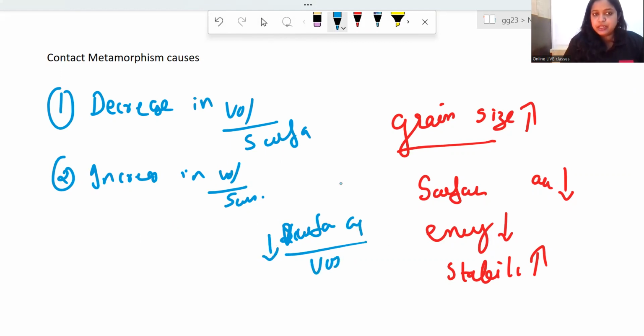Surface area by volume ratio decreases with increase in the grain size, or with decrease in the surface area, with contact metamorphism. But in the options, there is no value of surface area by volume decrease.